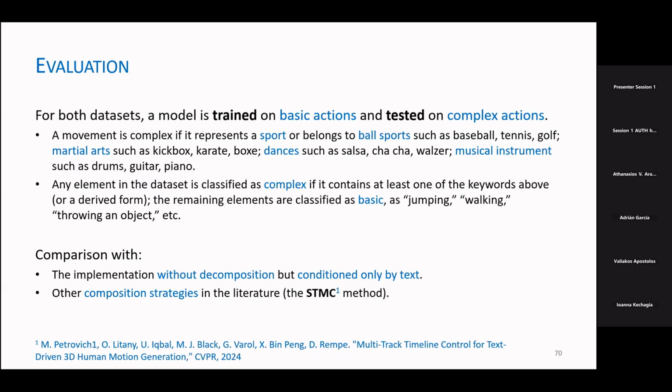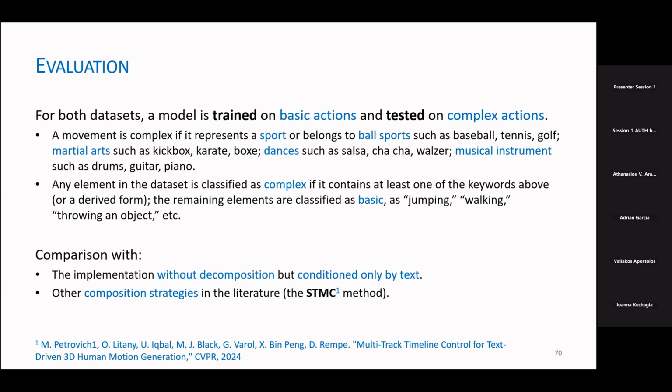In particular, we consider as complex actions those actions, for example, for sport or for dances, for playing musical instruments. And then there are instead some basic components. So we did this work of dividing the actions into complex one and basic one.